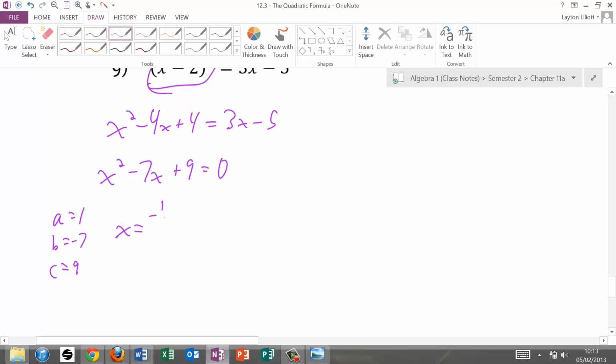x equals the opposite of b plus or minus the square root of b squared minus 4 times a times c. Oops, I'm starting to plug it in. Gotta write it one more time.